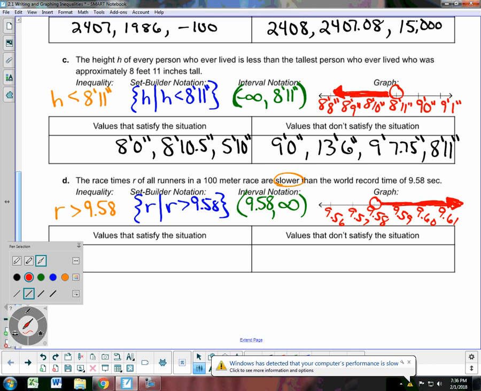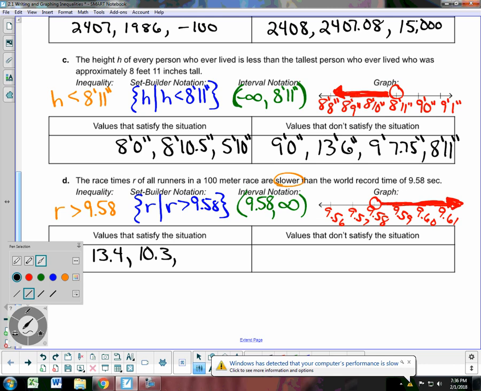All right, so what are some values that satisfy this situation? Well, I coached middle school track. I remember some kids running times that are like 13 seconds, so 13.4 seconds in the 100-meter dash. That would satisfy this. If somebody ran 10.3 seconds, that would be a really fast high school time.